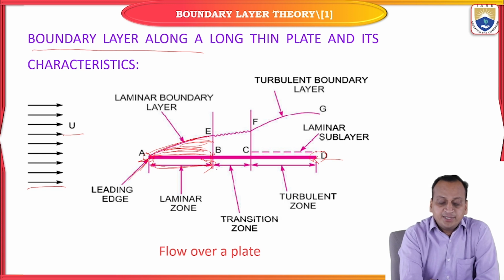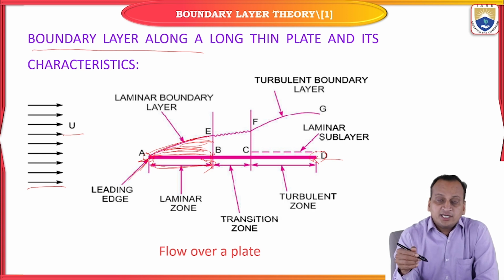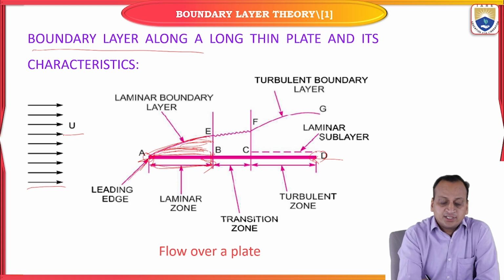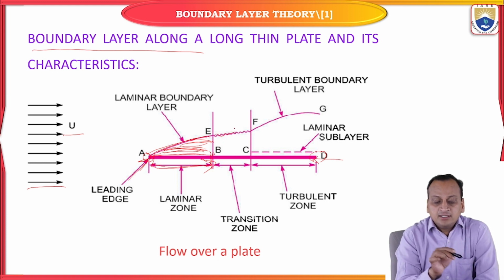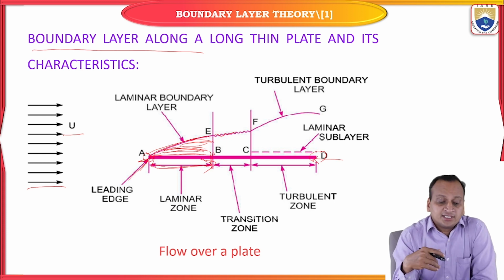After point B, gradually the laminar boundary layer may not be stable. It may not continue after B. Therefore, it becomes a little turbulent, and there will be turbulent forces. Both these characteristics will be exhibited in this region.